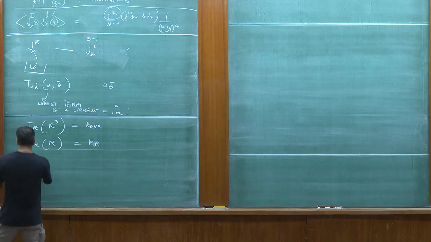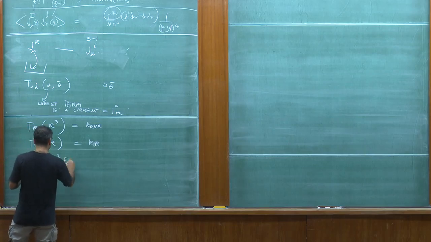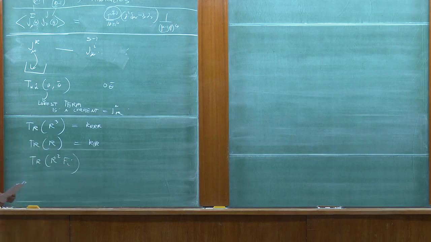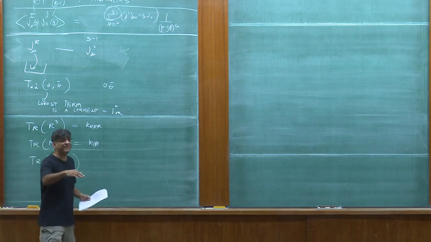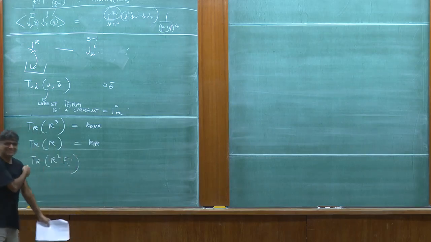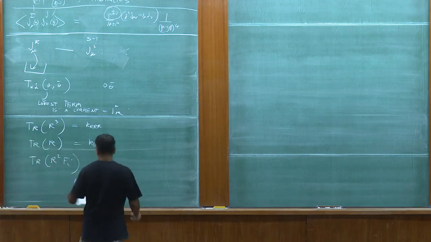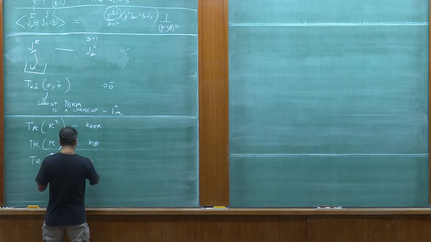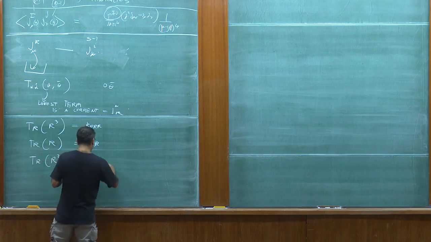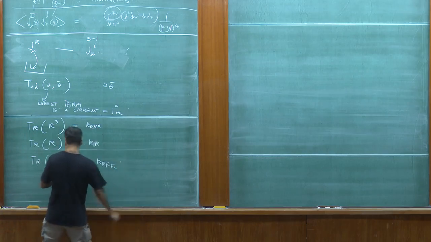And now we could also look at trace of R squared F_i, where F_i is one of the flavor currents. Whatever this is, we will call it K_RR F_i.